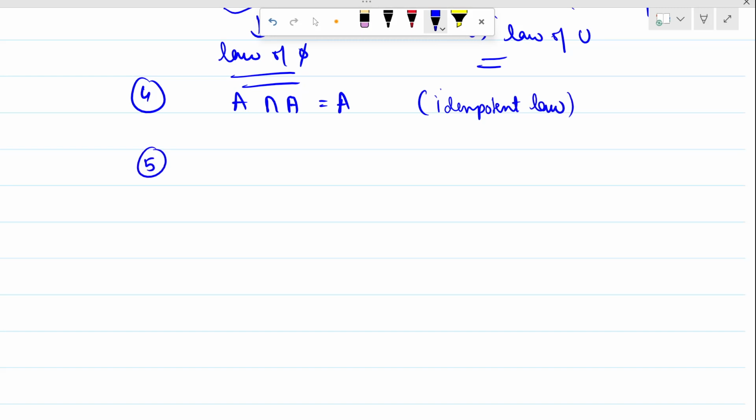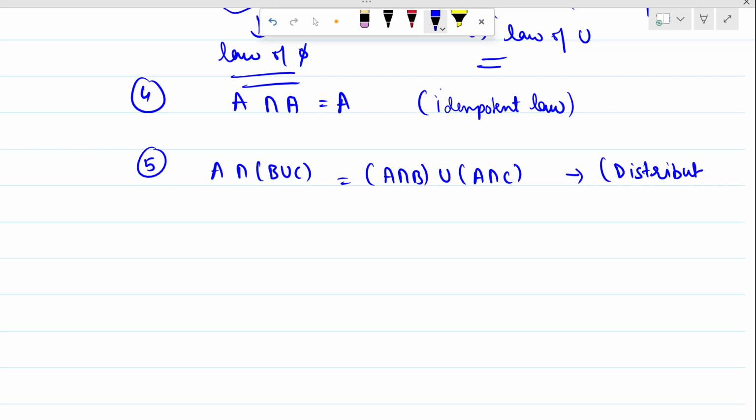And last we have A intersection B union C equal to A intersection B union A intersection C. So this is distributive law. So this was about intersection of sets.